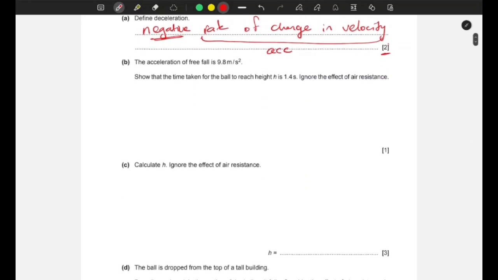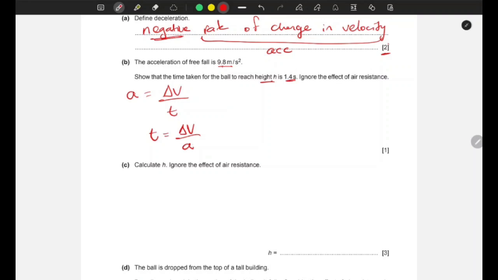The acceleration of free fall is 9.8. Show that the time taken for the ball to reach height h is 1.4 seconds. Ignore the effect of air resistance. Let's look at the acceleration formula: acceleration is change in velocity over time. We can rearrange this to make time the subject, so time equals change in velocity over acceleration.